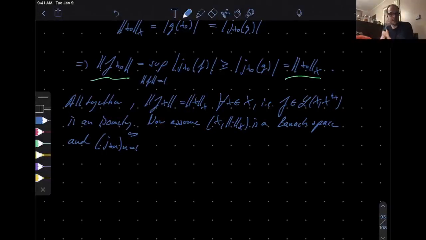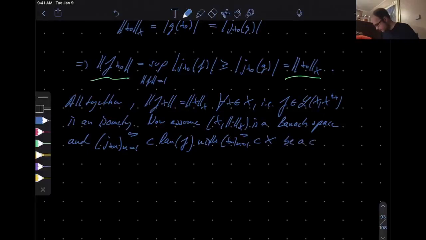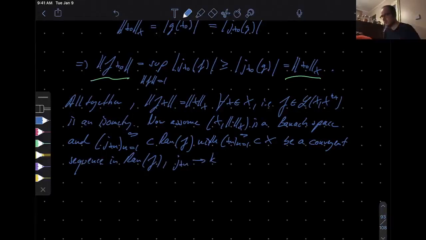So now I take a sequence in there, so that will be a sequence J_{x_n} in the range, where x_n is a corresponding sequence in X, and let this be a convergent sequence in the range of J. Say J_{x_n} goes to K, some element in the bidual, as n goes to infinity.